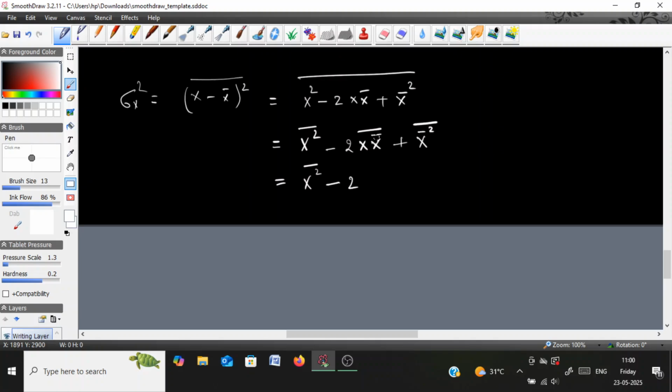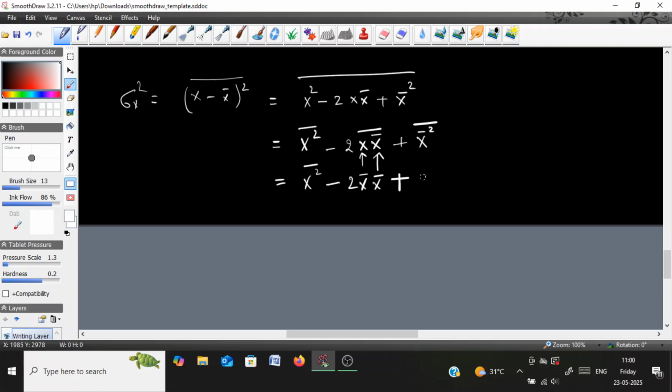Now see, x bar is basically a constant, because it is already the mean value of this random variable. So I can take this outside. So 2 x bar into x bar; this is just the mean of this random variable x.